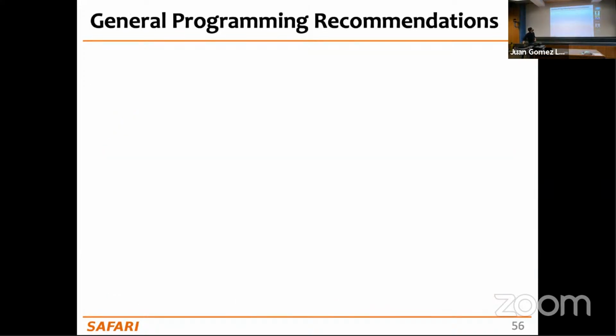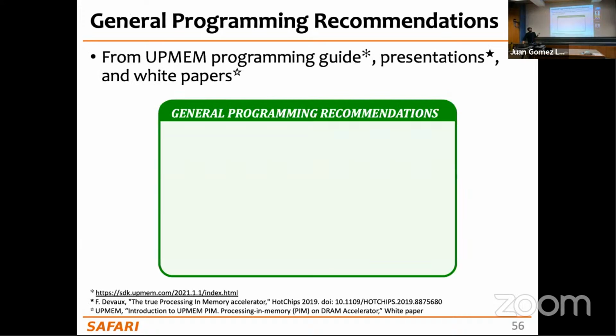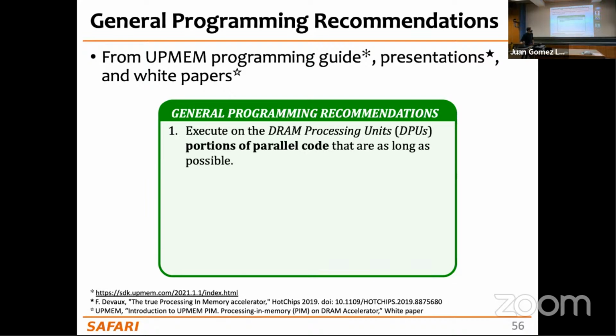Okay, so general programming recommendations. These are programming recommendations that we found in some documents from the vendor, from UPMEM. The first of these general programming recommendations is that we want to execute on the DRAM processing units portions of parallel code that are as long as possible. Observe this recommendation. It's first of all portions of parallel code. Of course, it's a parallel architecture, right? We have multiple cores, and in each of the cores we can have several software threads.